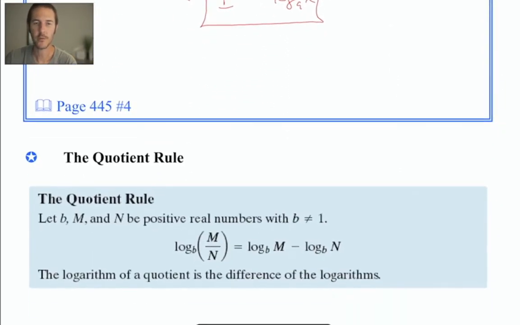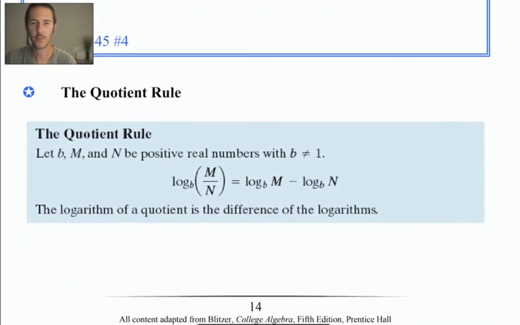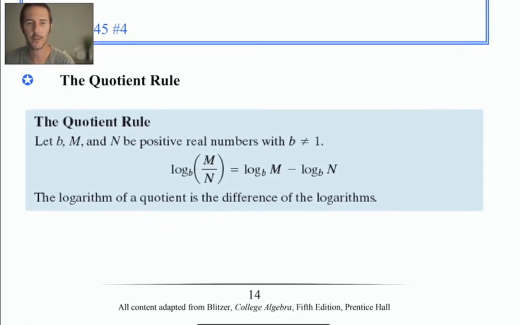The product rule involves taking multiplication and turning it into addition. No surprise that the quotient rule involves division, which turns into subtraction. Log base b on the left, log base b on the right. The thing in the numerator gets its own logarithm. The thing in the denominator comes after the minus sign.